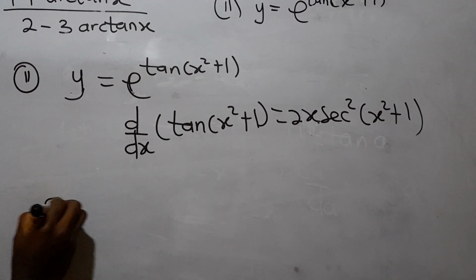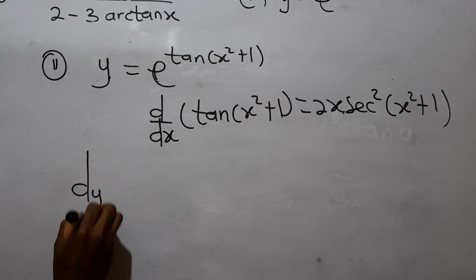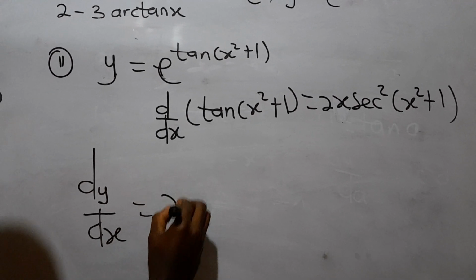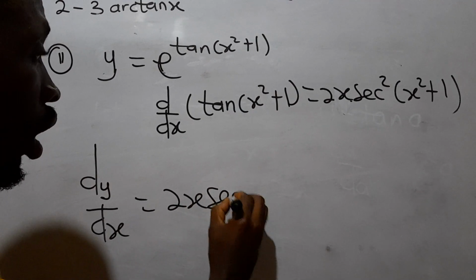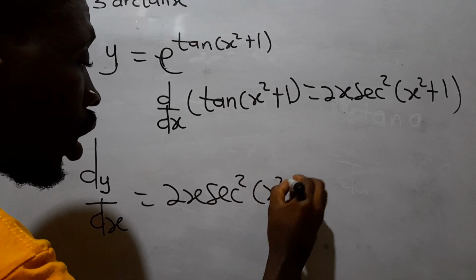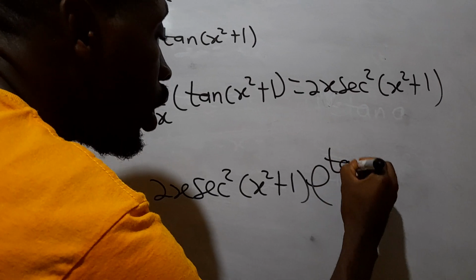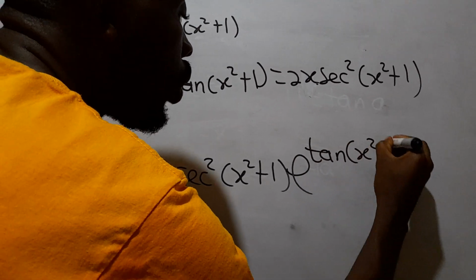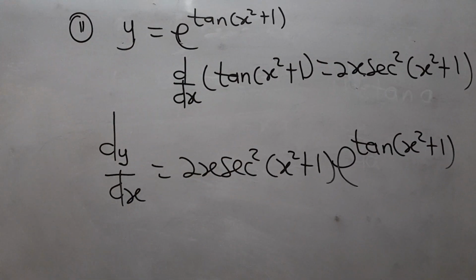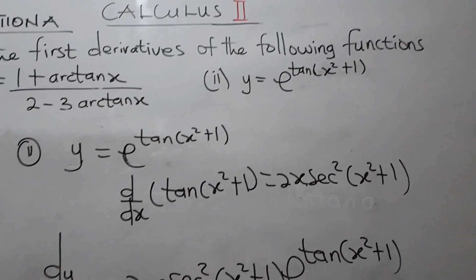Then we can say that our dy over dx is equal to 2x sec square of x squared plus 1, then we repeat the function e exponent tan of x squared plus 1. Then this becomes the first derivative of this function. So that ends question 1.